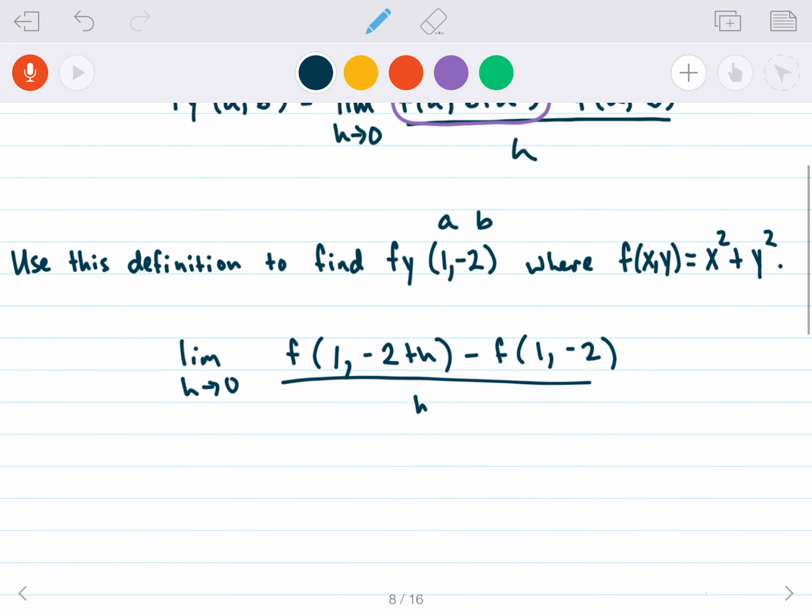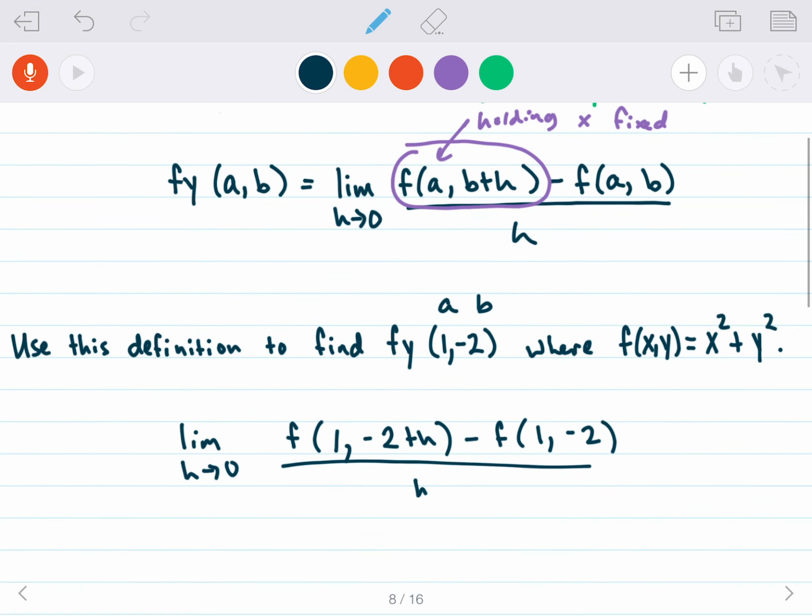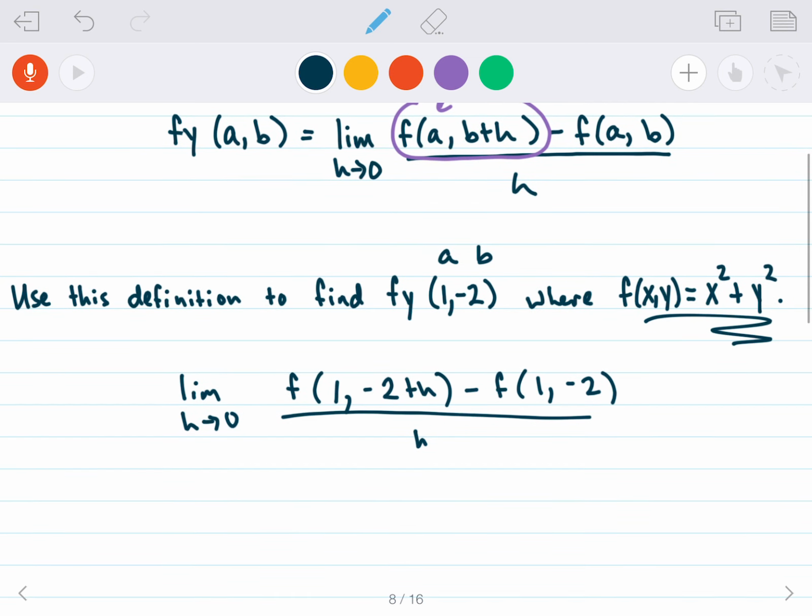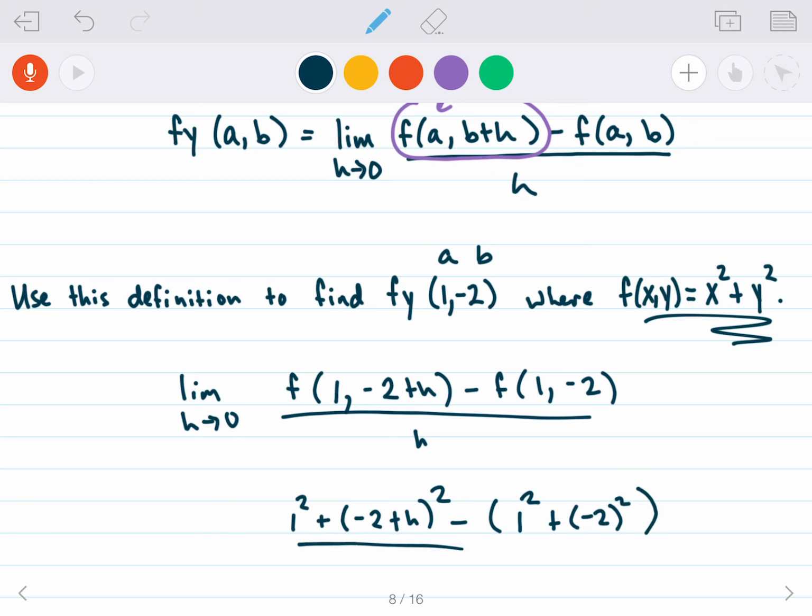So if I plug in x is 1, y is negative 2 plus h into our function, I get 1 squared plus (negative 2 plus h) squared minus f of 1 comma negative 2, well, that's going to be 1 squared plus negative 2 squared, and that's all over h, limit as h goes to 0.